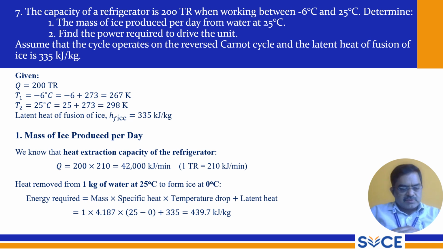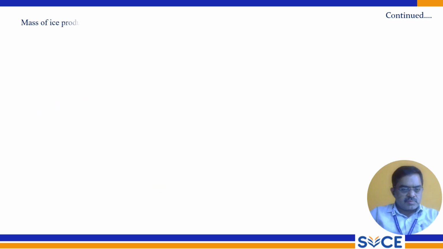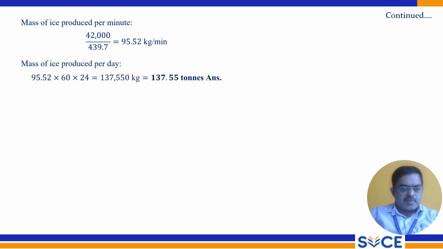So energy required is 439.7 kilojoules per kg. So mass of ice produced per minute equal to 42,000 divided by 439.7 equal to 95.52 kilograms per minute, and mass of ice produced per day, we have to convert into 24 hours, so that is 137,550 kg.